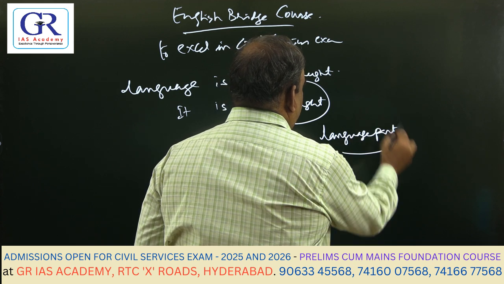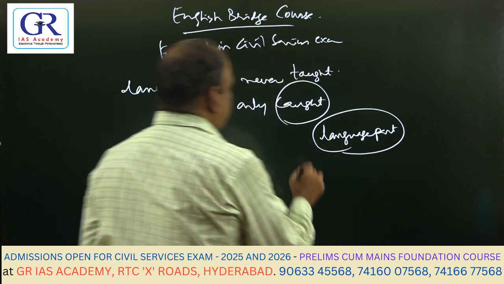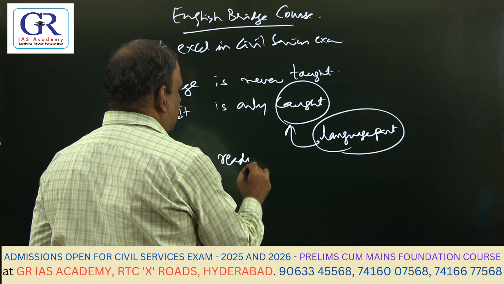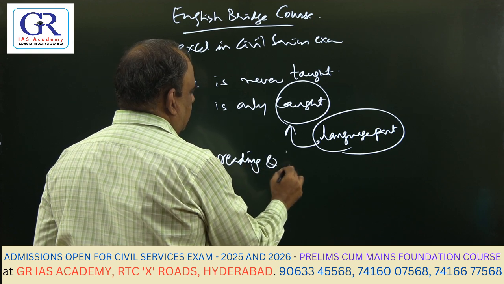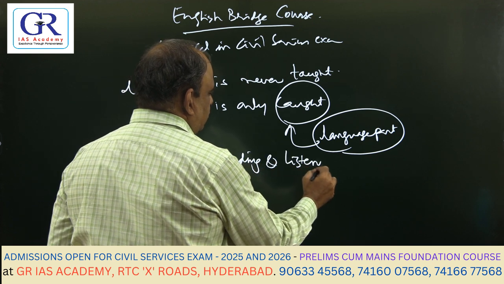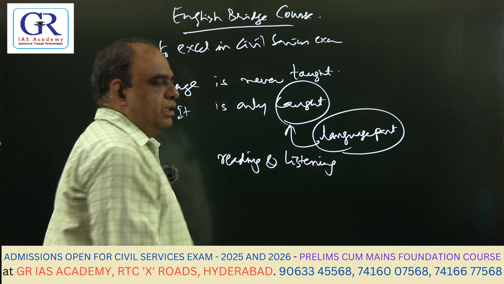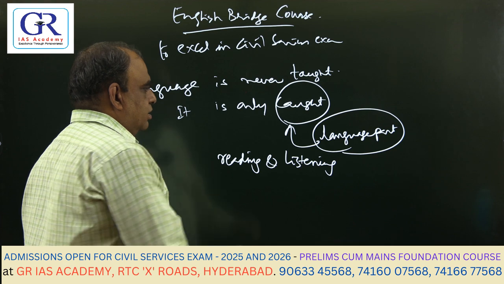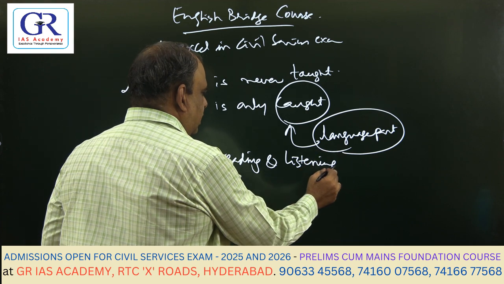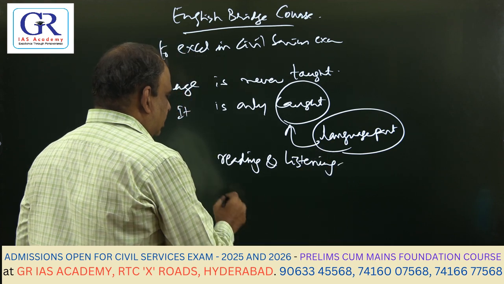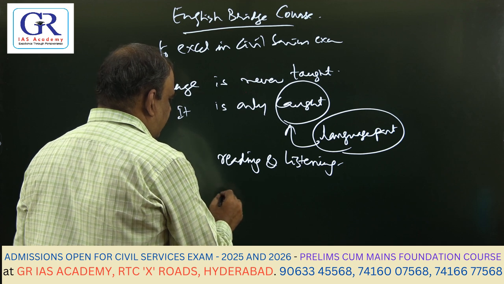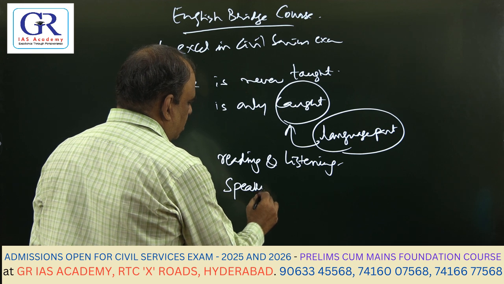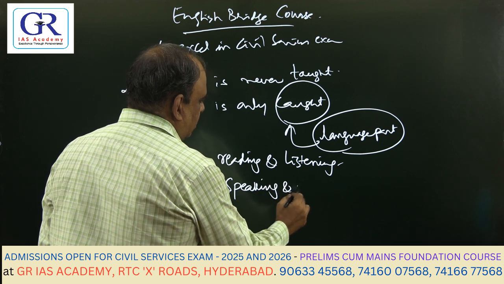So language, coming to language part, you can only get command over it by reading and listening. Whatever language you have learnt through reading and listening, that gets stratified in you by speaking and writing.